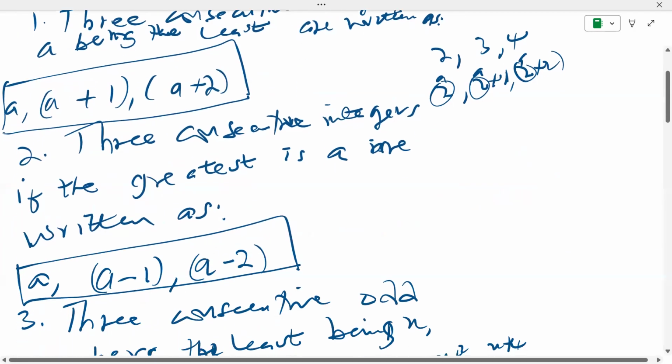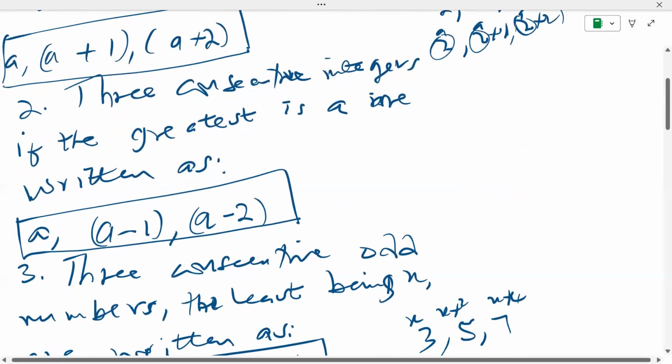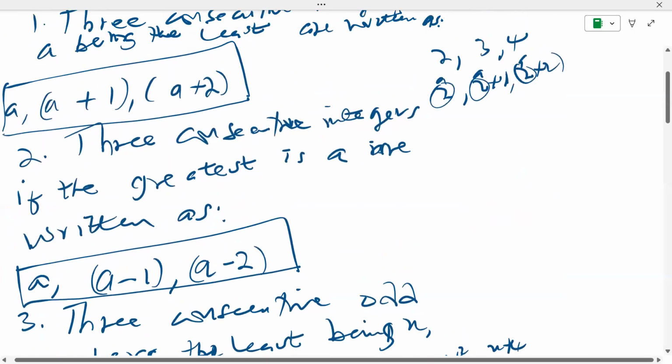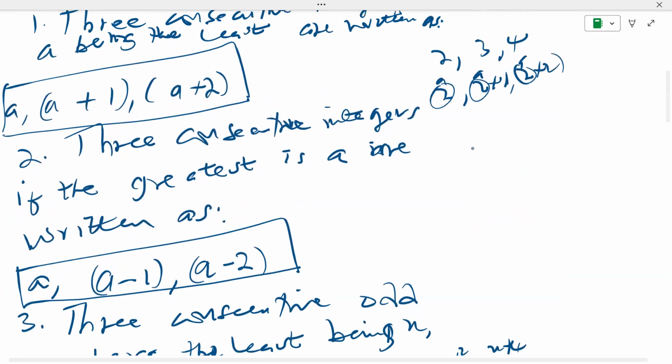I want to look at the next one. 3 consecutive integers, if the greatest is A, are written as... So we want to look at how we can also write these.